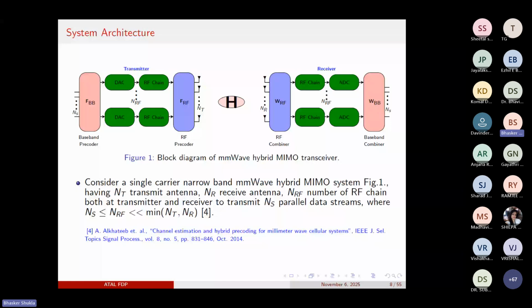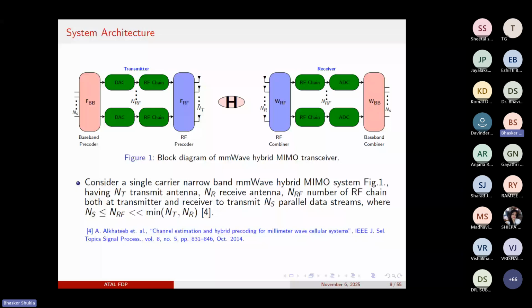Suppose there are NT transmit antennas and NR receive antennas, and NRF is the number of RF chains at the transmitter and receiver side. Here I have considered the same number of RF chains at the transmitter and receiver side. We can also change it, but for simplicity, so that the circuit is simpler, I have taken the same number of RF chains.